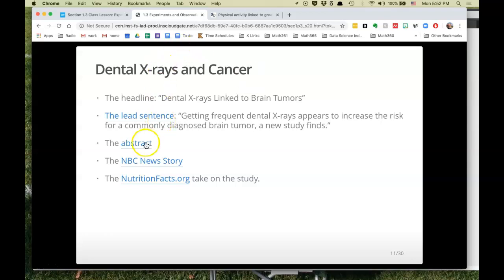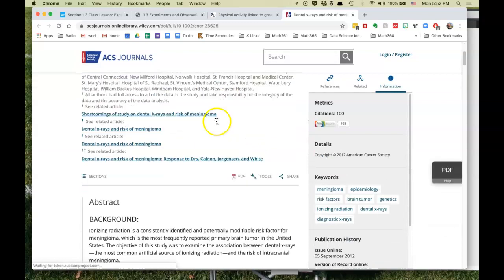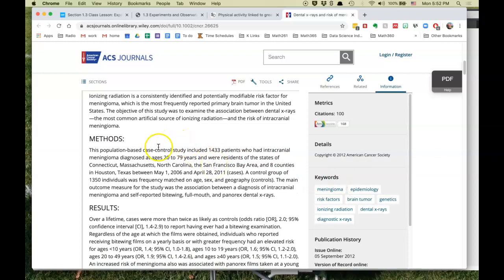There's an abstract we can take a quick look at to see what was actually going on here. So the methods: this was a case-controlled study including 1,433 patients who had intracranial meningioma diagnosed at ages 20 to 79 years and were residents of the state of Connecticut.